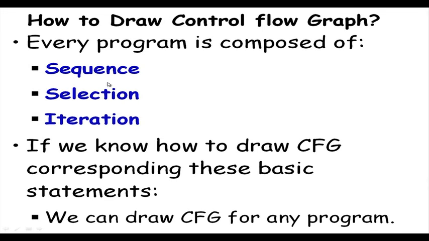So, if we know how to draw the control flow corresponding to these three statements, we can very easily draw the control flow for any program, because they are after all composed of these three basic types of statements. And therefore, we need to just examine how we draw the control flow edges for these three types of statements, and then given even a very large program, we can develop its control flow graph.